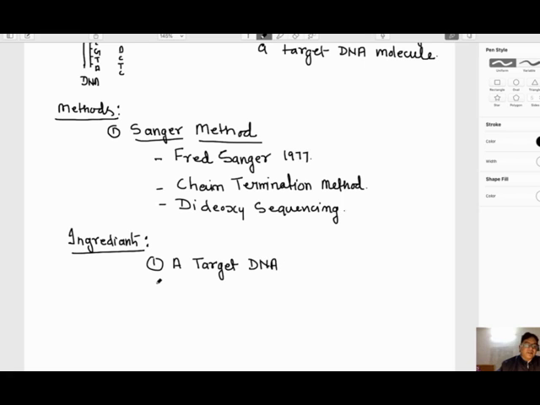Then we need a primer, which is a small stretch of DNA from which the enzyme DNA polymerase can start the formation of a new DNA strand.